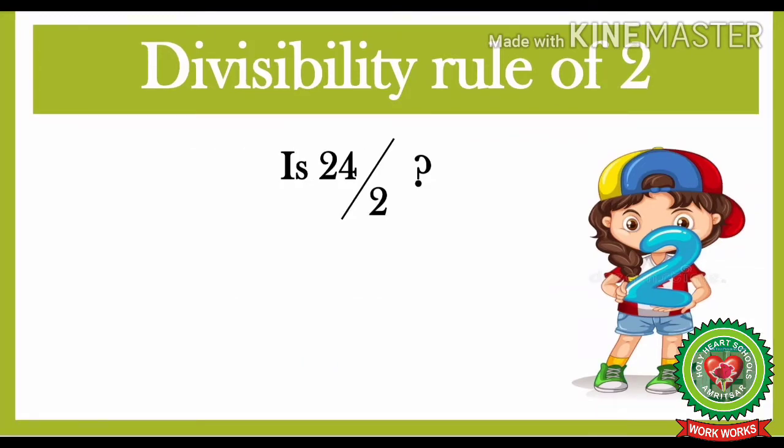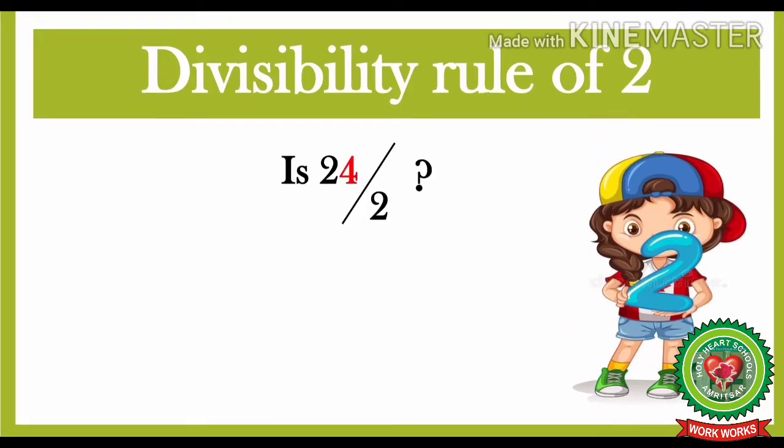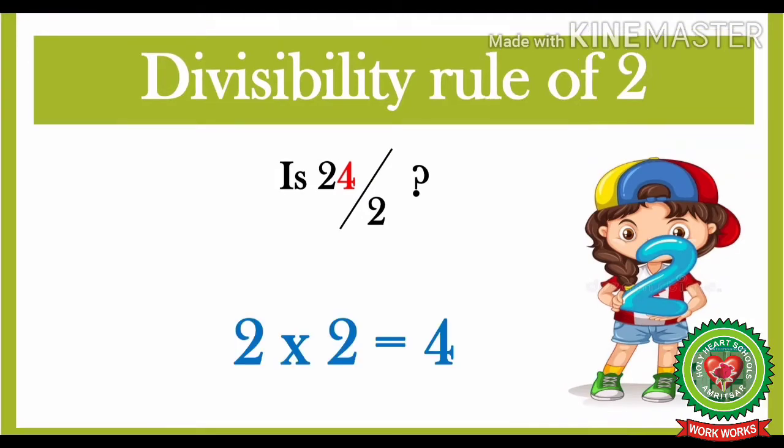Now, let us take one example. Is 24 divisible by 2? Now, we have to see what is the last digit in 24. 4 is the last digit. Now, we have to find out is 4 divisible by 2? That means, does 4 come in the table of 2?